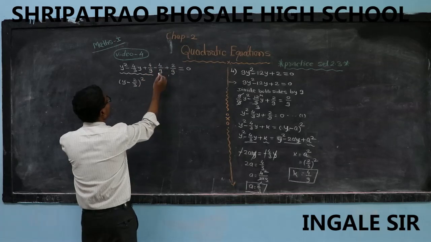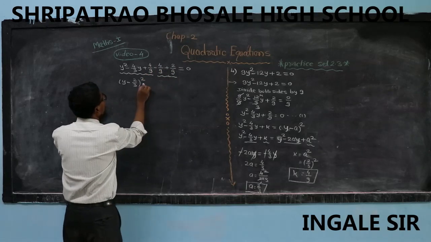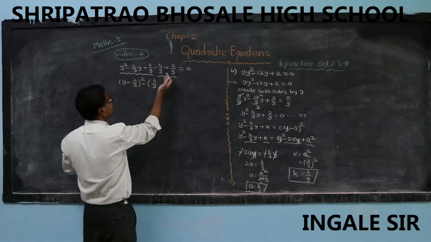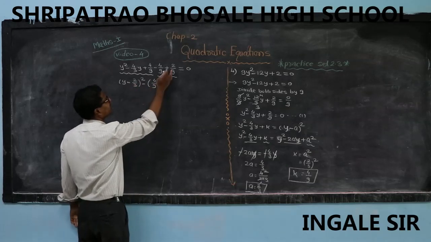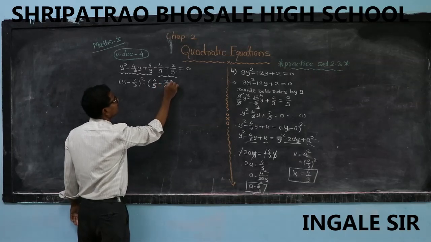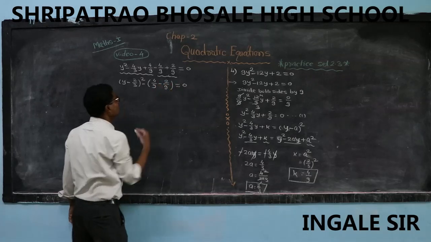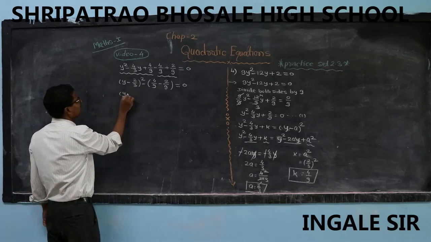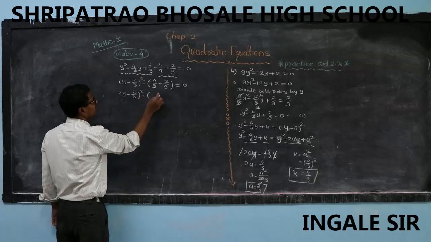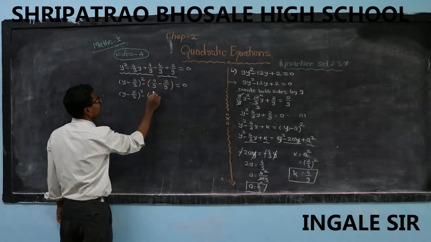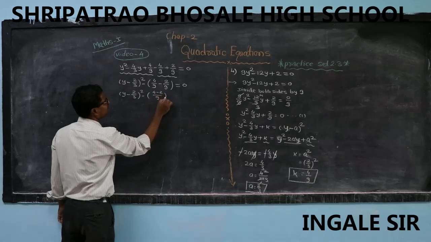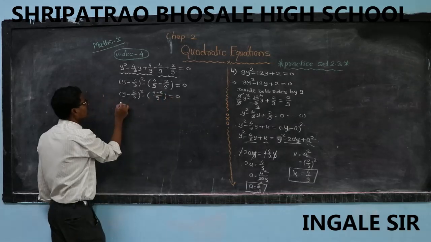Now take common from these two, minus 4 by 9. We have to take the minus sign outside the bracket, so this plus becomes minus, 2 by 9 bracket close is equal to 0. Y minus 2 by 3 square minus, denominators are equal, only subtract the numerators, 4 minus 2 by 9 bracket close is equal to 0.